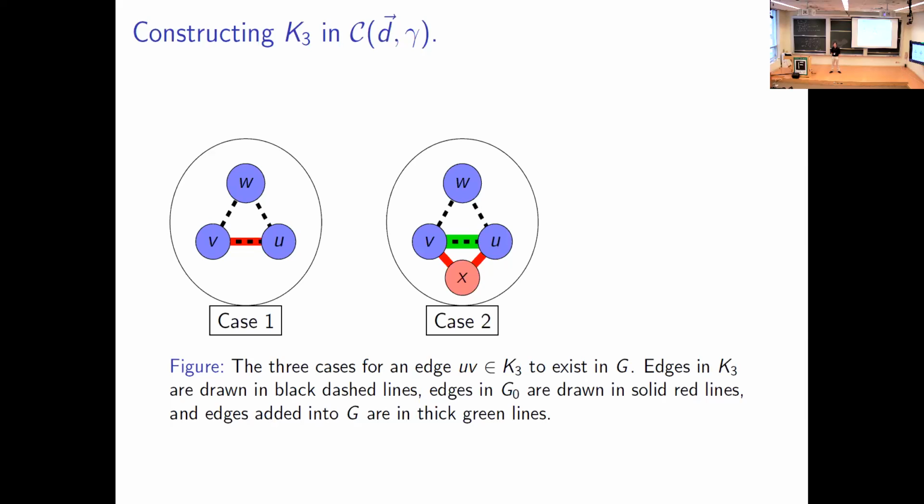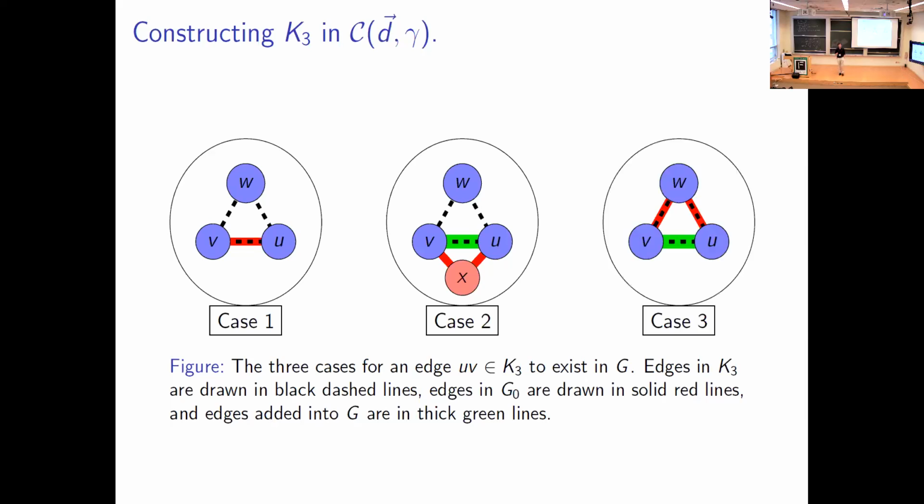But there's a third case. This is the weird one. Here's the thing. I'm building a triangle. So what happens if I fill in 2 of the edges already? Well, that's a path of length 2, so I could flip the coin for it. I could get this third edge essentially for free. And this third case is really what's going to be causing all of the problems for embedding subgraphs in this new model.